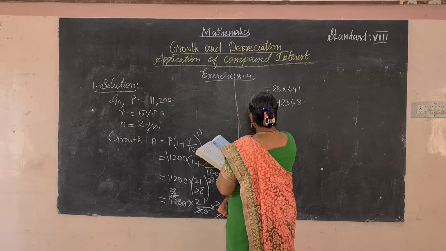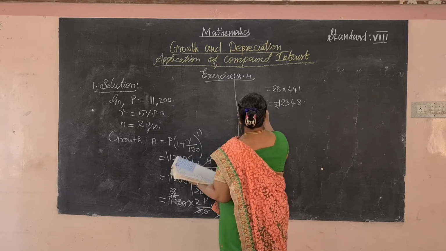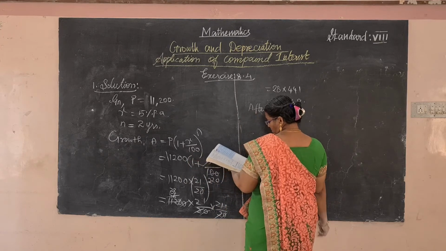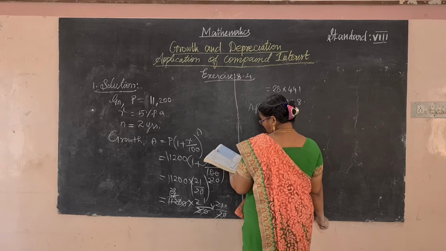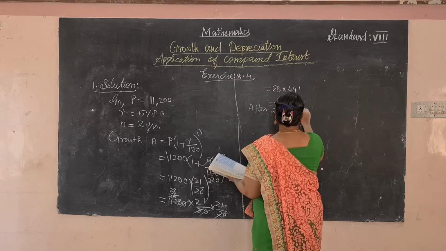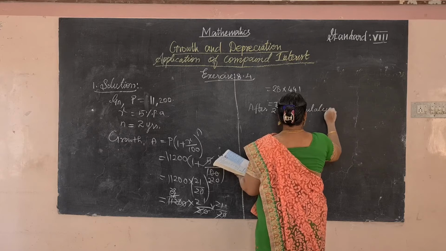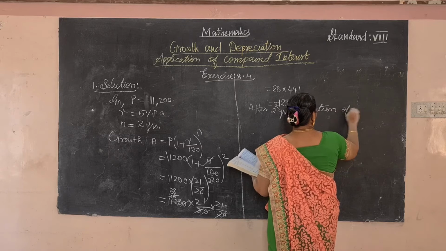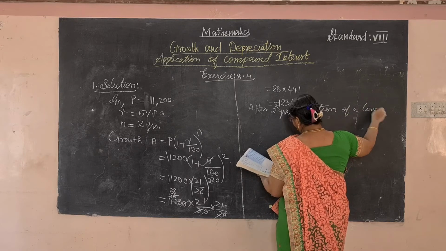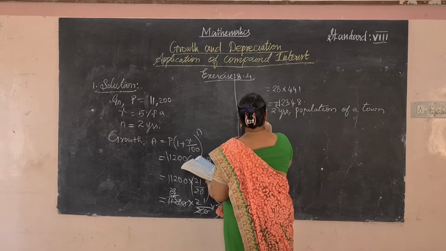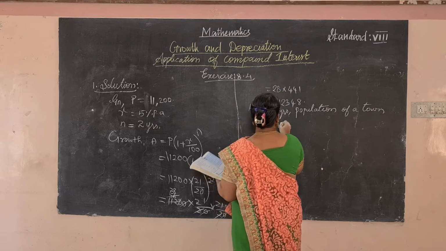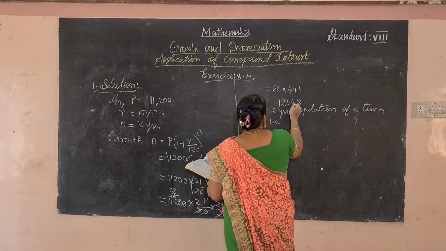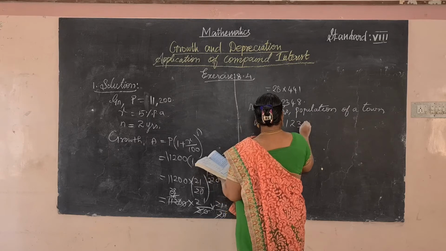Okay, so after how many years? After 2 years, the population of the town will be, not in rupees, population, okay, 12,348.